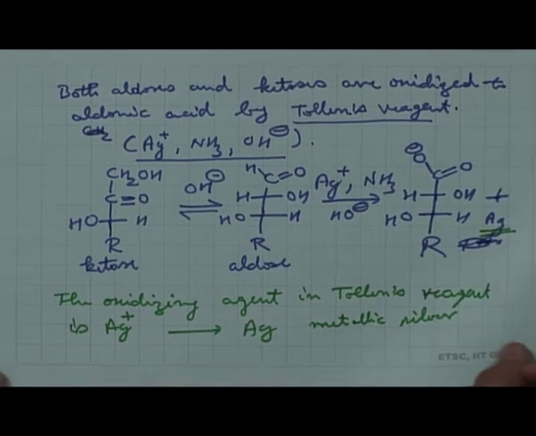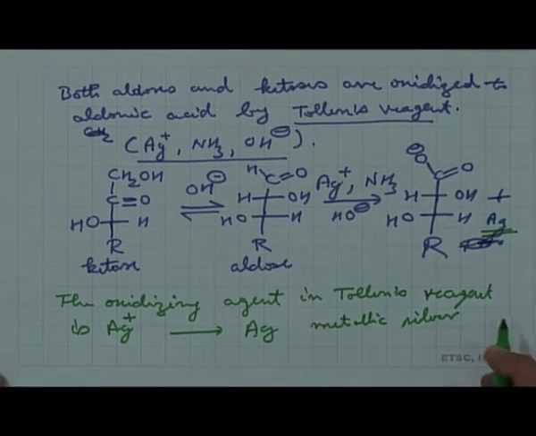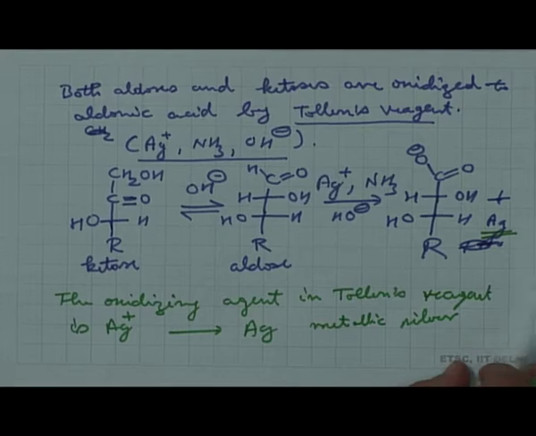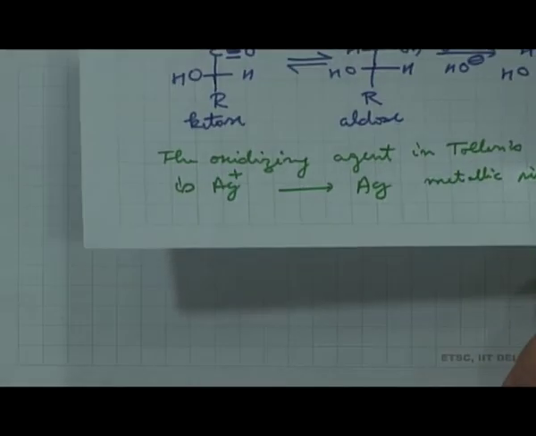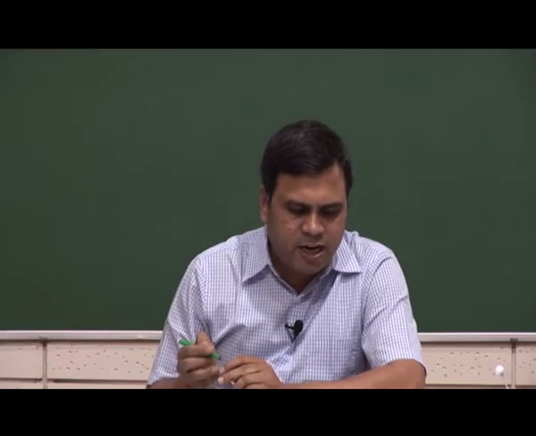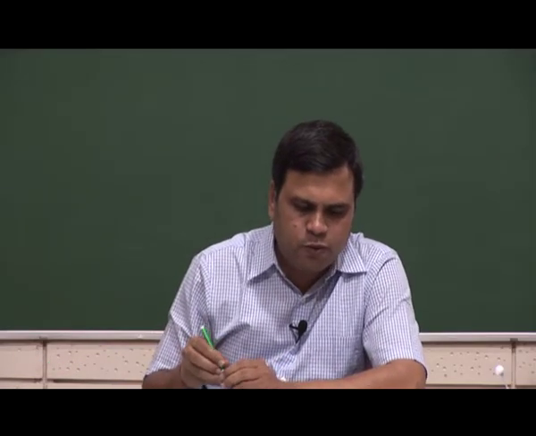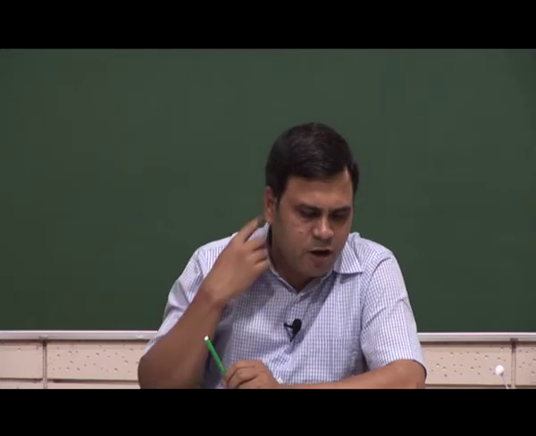Although Tollens reagent only oxidizes aldehyde, it can be used to distinguish aldose and ketose. The oxidation reaction is carried out in a basic solution that will convert a ketose to an aldose by an enediol rearrangement, and the aldose will then be oxidized by Tollens reagent.